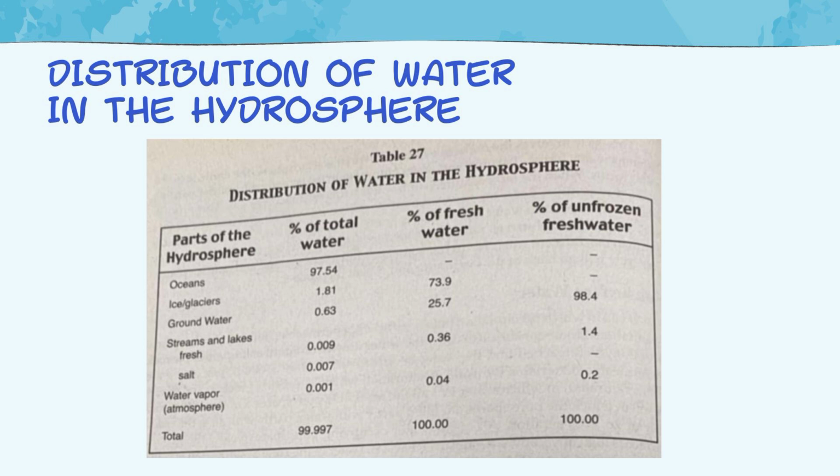Groundwater comes from three main sources: meteoric water, magmatic water, and connate water. Meteoric water is from precipitation, and connate water is trapped in rocks. And lastly, magmatic water is bound in minerals and released by volcanic processes.